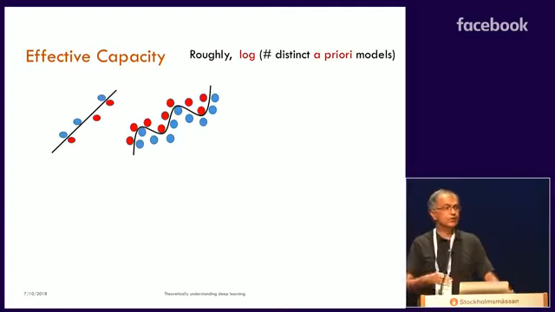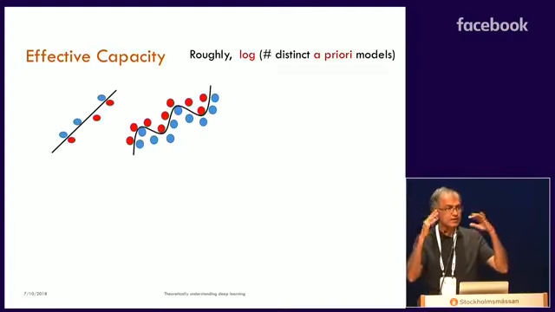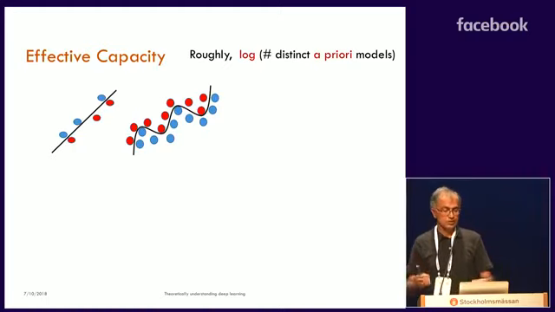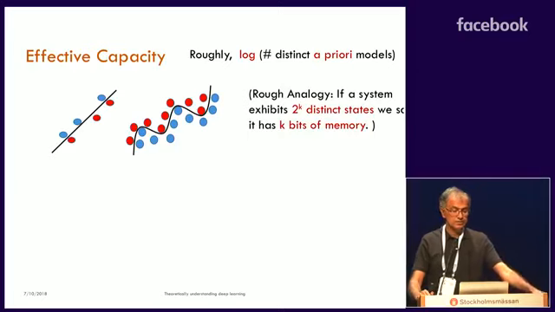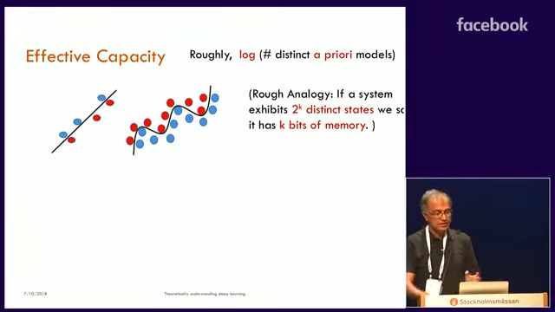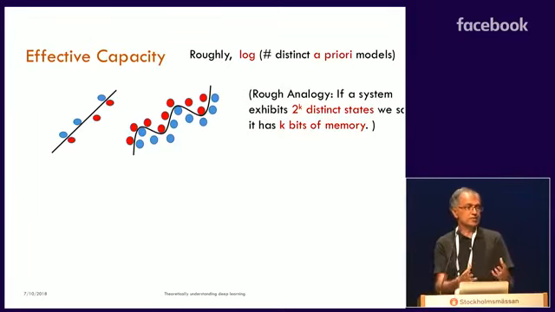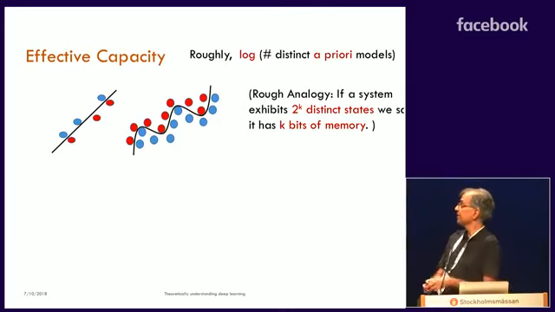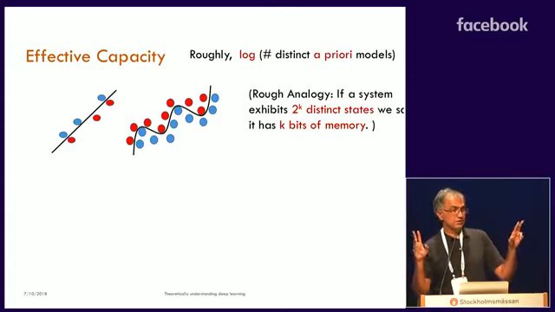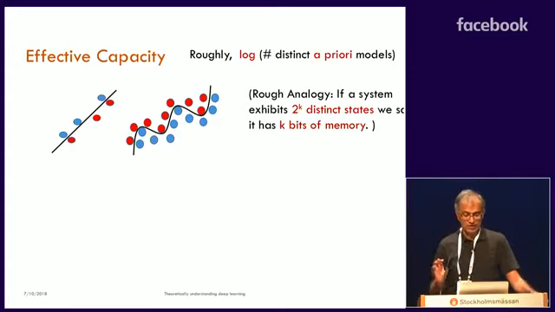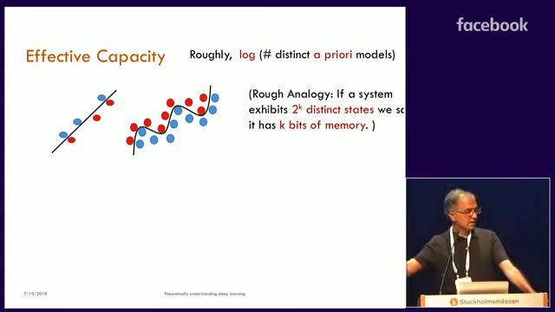Okay, so before you've looked at the data, you had in your mind some set of possible models that you're trying to fit, and the log of that set of all possible models is roughly the effective capacity. And this is a rough analogy: if you're thinking about a system with memory, and the system exhibits 2 to the k distinct states, we say that it has k bits of memory, right? That's just the classical way of thinking about memory. So it's roughly the same concept.